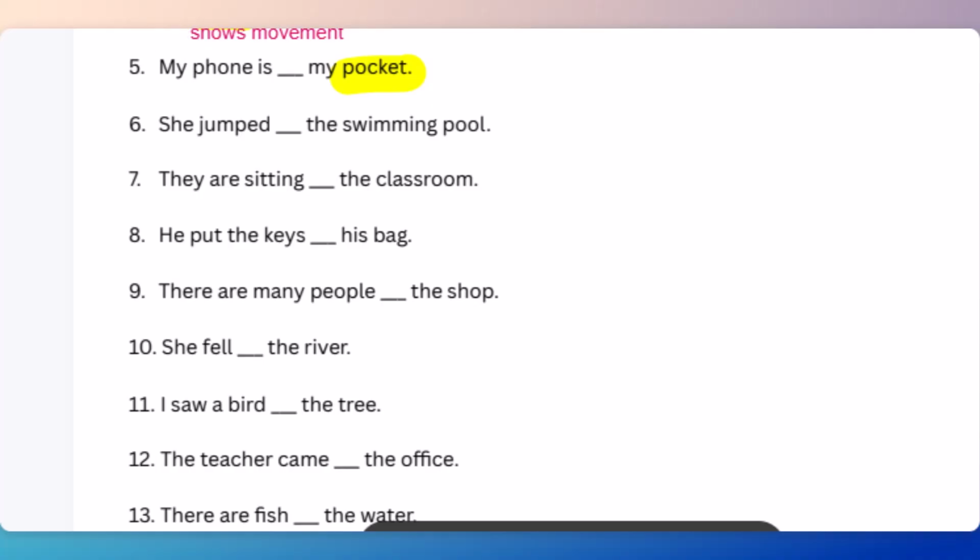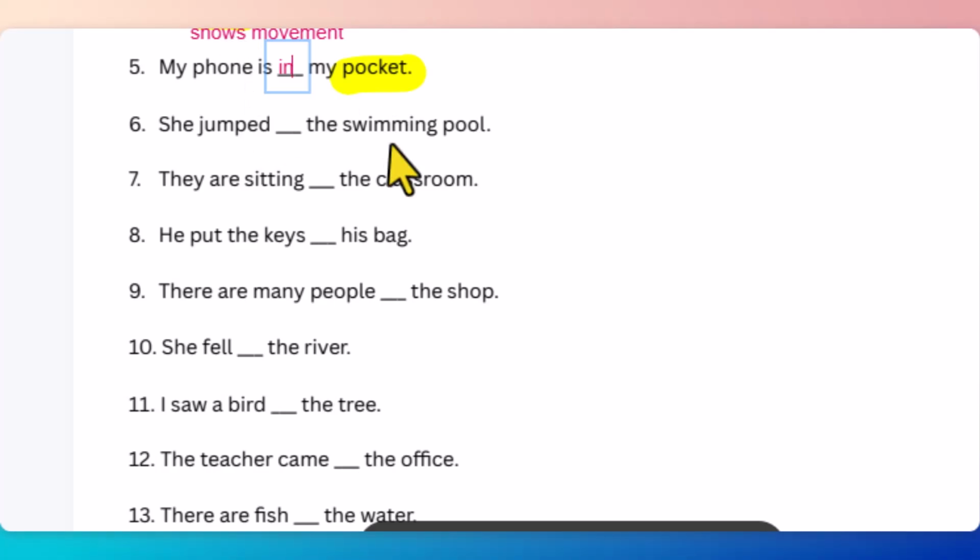In this case, this person put their phone. So it shows us that the phone is already inside the pocket. Pocket shows us that it is a place where the person has put their phone.